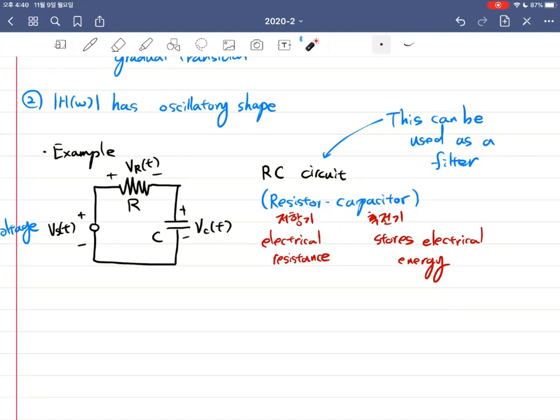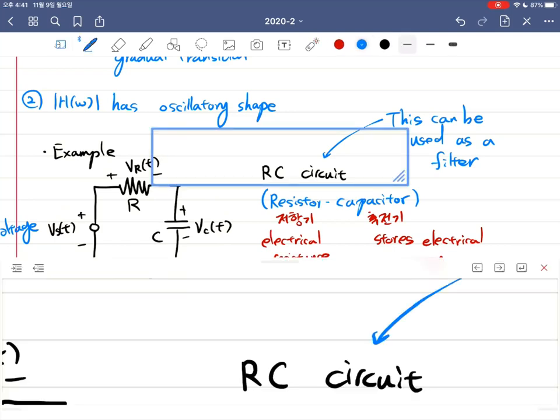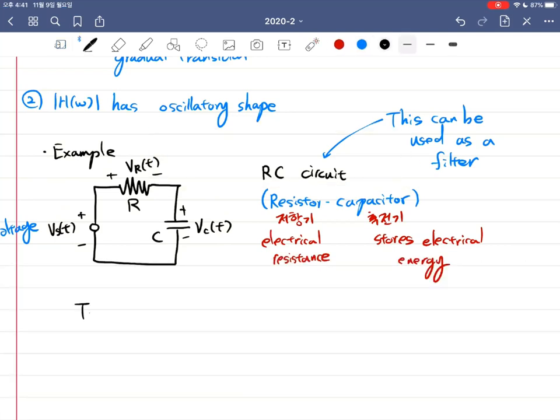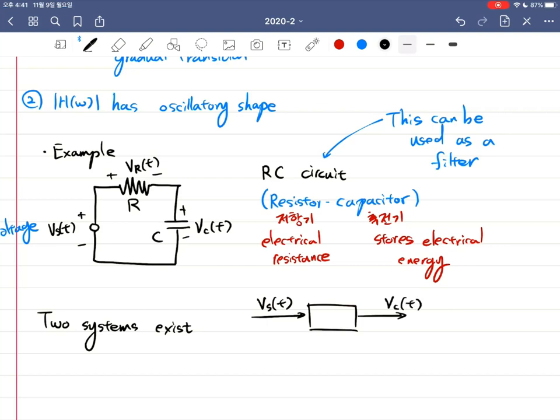In this RC circuit, there are two systems. The first one has a voltage input and capacitor output. And the other one has the same input, however, a different output.